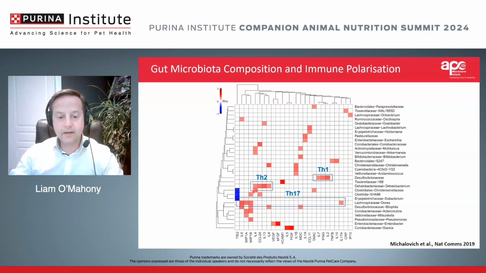The Halobacteria correlate really well with a Th2 profile, like with IL-4 and IL-13. Whereas Dorea correlate really well with a Th17 response. So like with IL-17A and MIP1 alpha, MIP1 beta. So the type of polarization systemically is related to the composition of your gut microbiota.